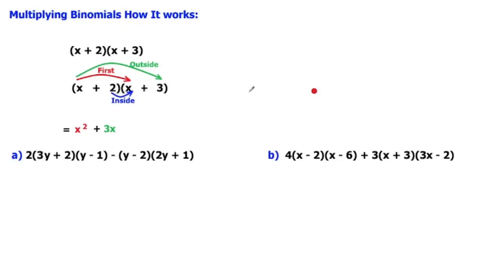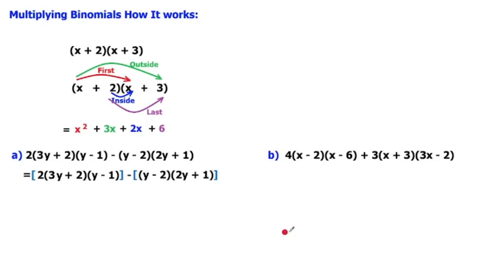Then we multiply the inside terms, which gives you 2x, plus 2x. And then we multiply the last term, which equals 2 times 3, which equals 6, plus 6. We're not going to simplify it here. I just want this to be here with the colors cleanly so that you know how to do it.